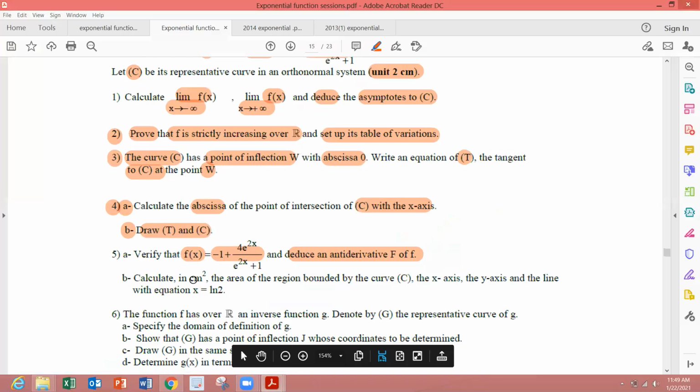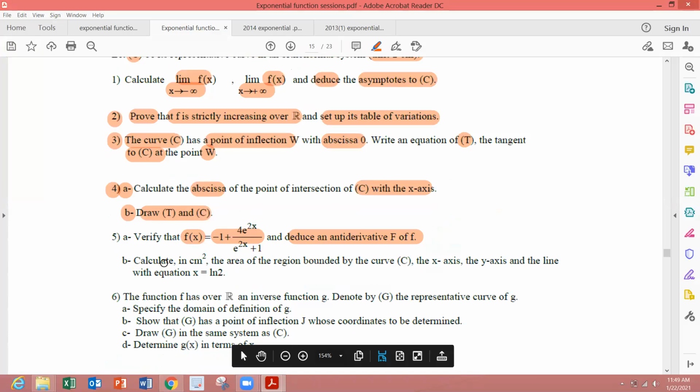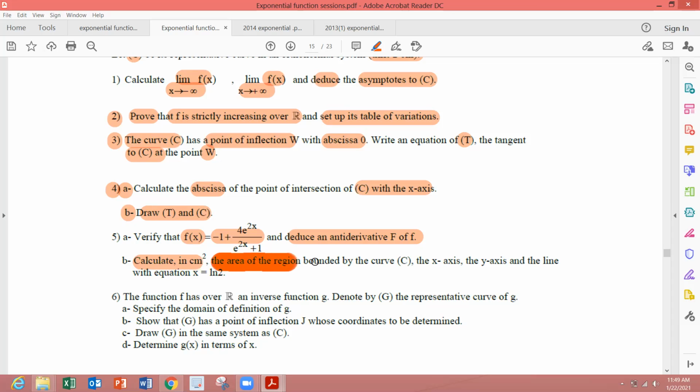Now the last part: calculate in centimeter square the area of the region bounded by the curve C, the x-axis, the y-axis and the line x equal ln 2. So the area in centimeter square between C, what is the area equal to? The area equals integral from A to B of f(x) dx.